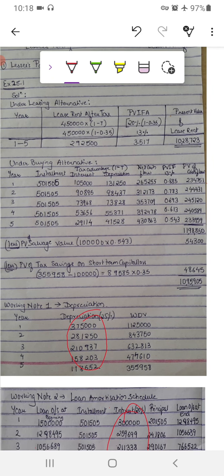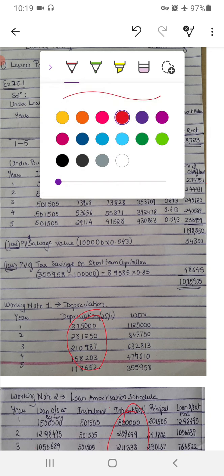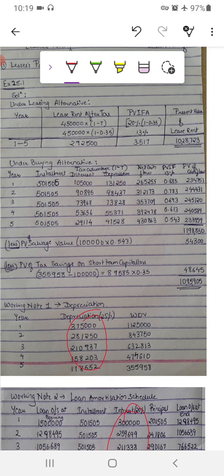Now if you see, we have taken interest after tax. Interest after tax means, if you see here, interest for the first year was 3 lakh, but here we have considered 1,05,000. Why 1,05,000? Because 3 lakh into 1 minus t.